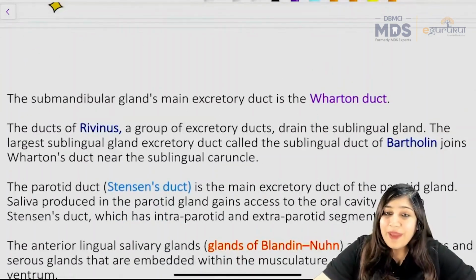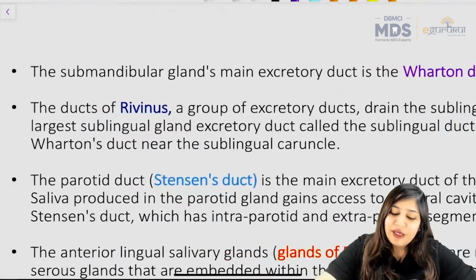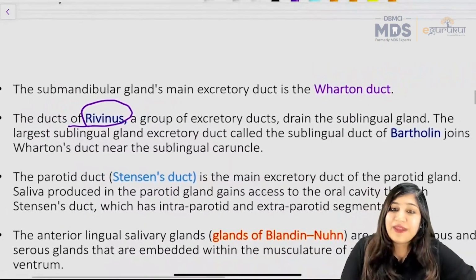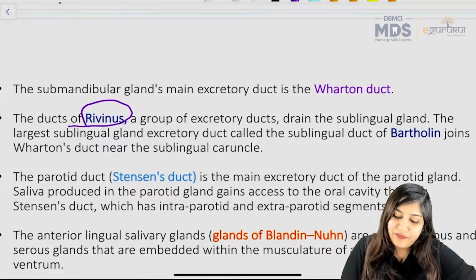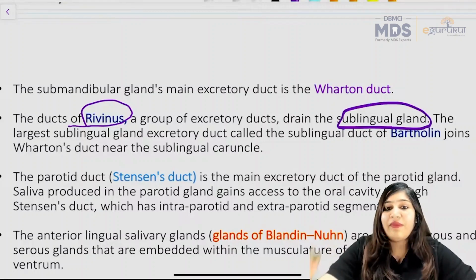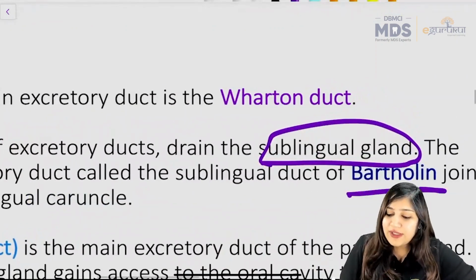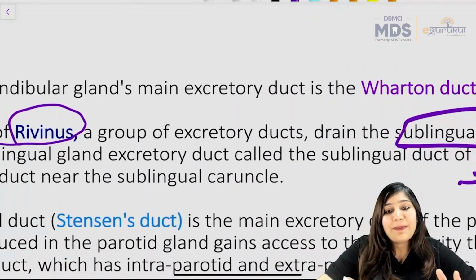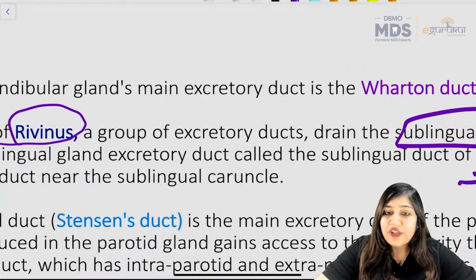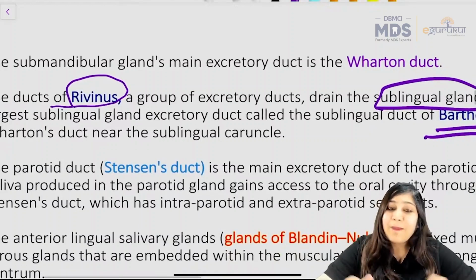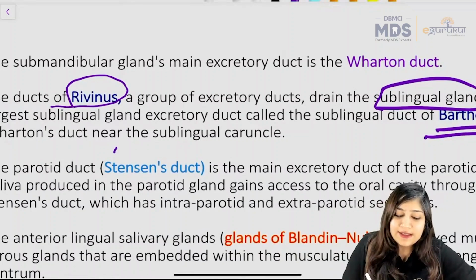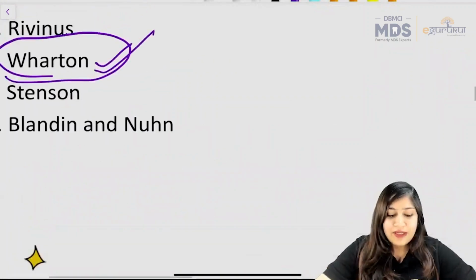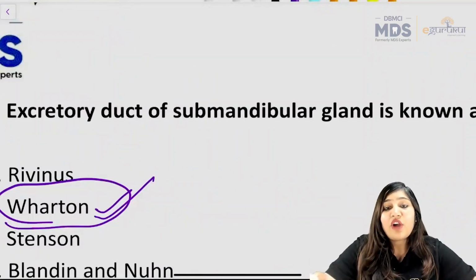Stensen's is for the parotid gland, right? Rivinus is for the sublingual gland. And we have Bartholin's again for the sublingual gland, which opens near the submandibular gland opening, which is Wharton's duct. Parotid gland opening is Stensen's duct. It can be asked any other way. Here it is asked what? The excretory duct of the submandibular gland.